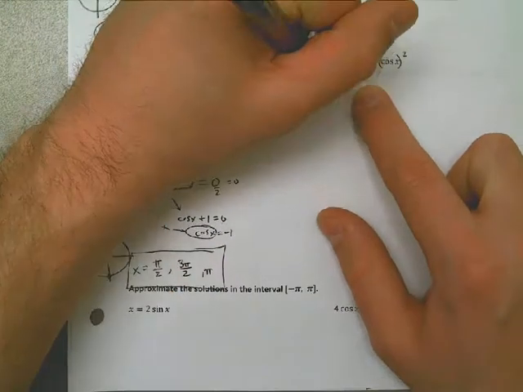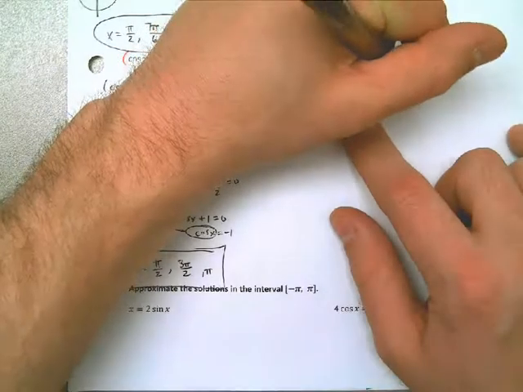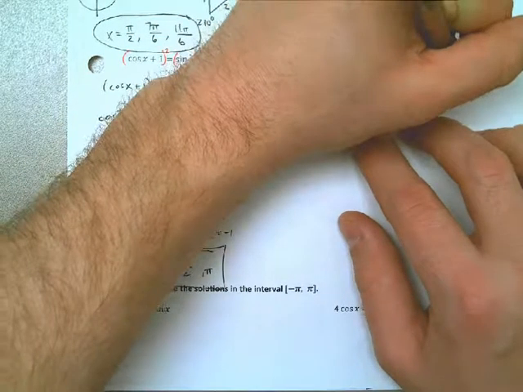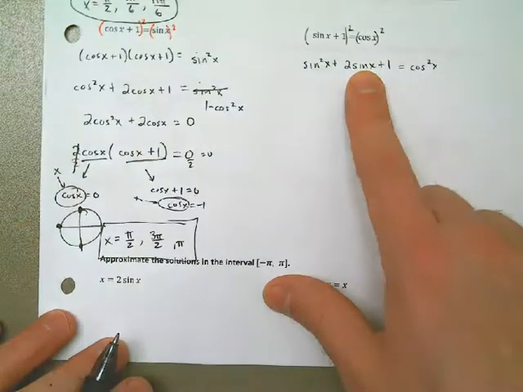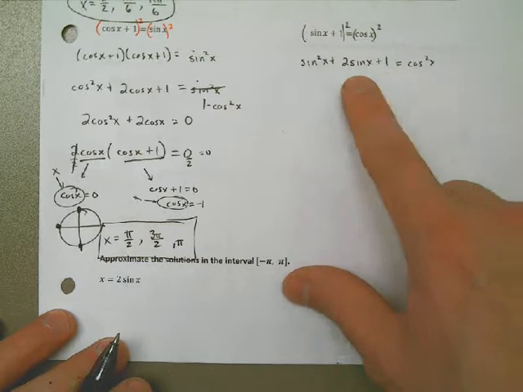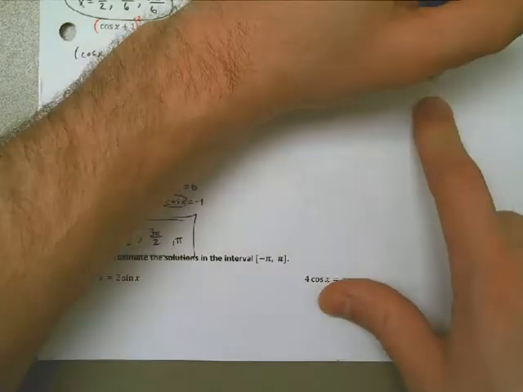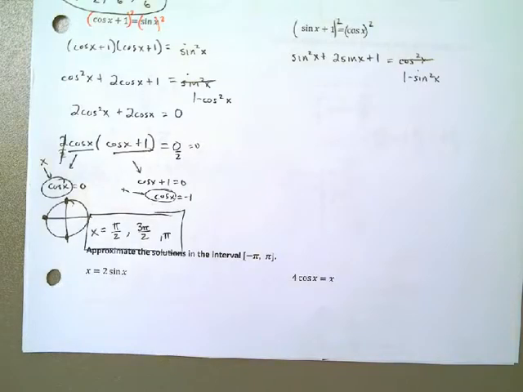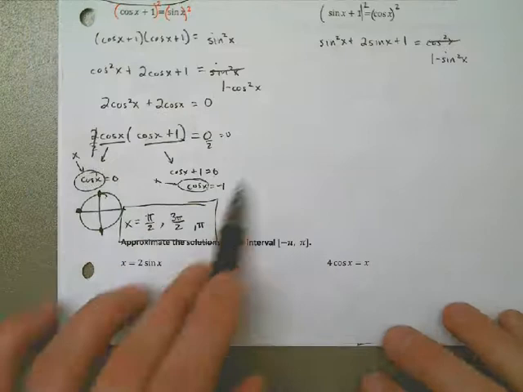Because this sine is going to be very hard to convert into a cosine, I'm going to change everything into sines. So I'm going to replace this with its equivalent of 1 minus sine squared, and I would go through the same steps from there. You're going to get pretty similar results, except the answers will be slightly different than this, but you're going to get the same idea. I'll let you work that one out on your own.